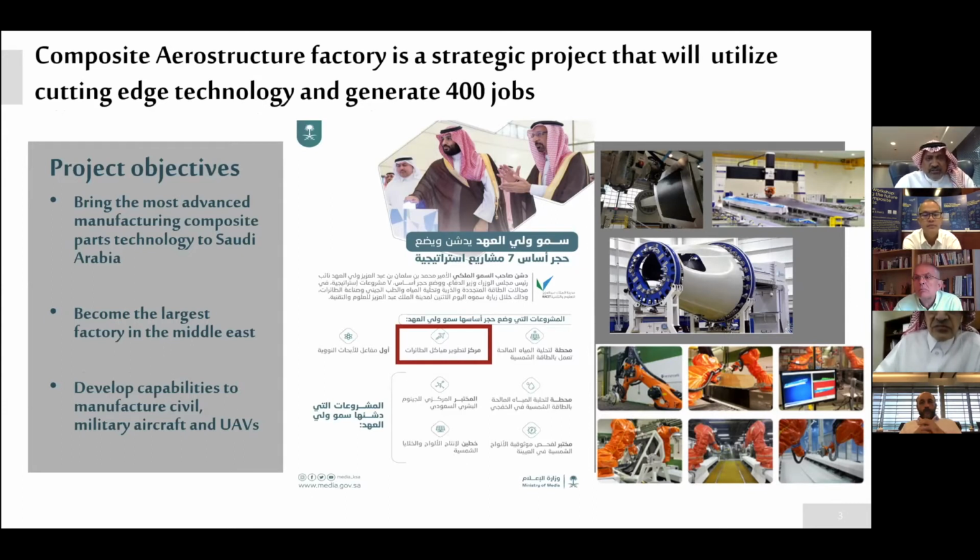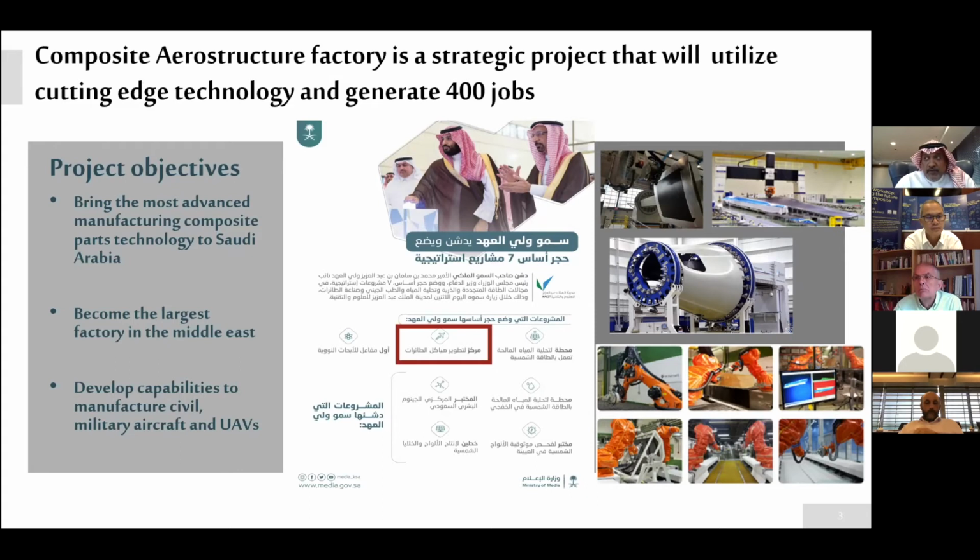Now, the objective of this project is really to bring the most advanced composite part manufacturing technology to the kingdom, to Saudi Arabia. Also, with the plan for this factory, there's a growth plan to become one of the largest factories in the Middle East.